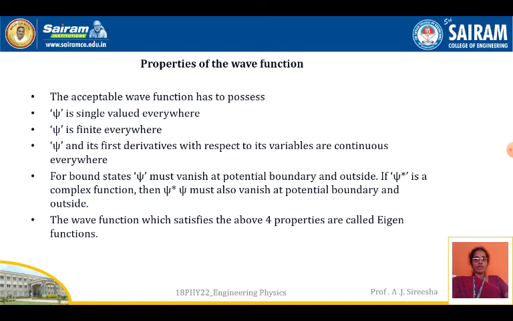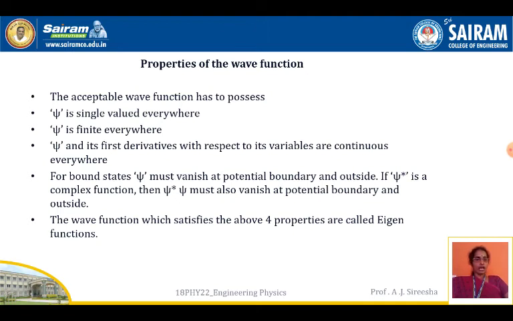What are the properties of wave functions? An acceptable wave function has to possess these: psi is single valued everywhere, psi is finite everywhere, psi and its first derivatives with respect to its variables are continuous everywhere, and for a bound state psi must vanish at the potential boundary and outside.